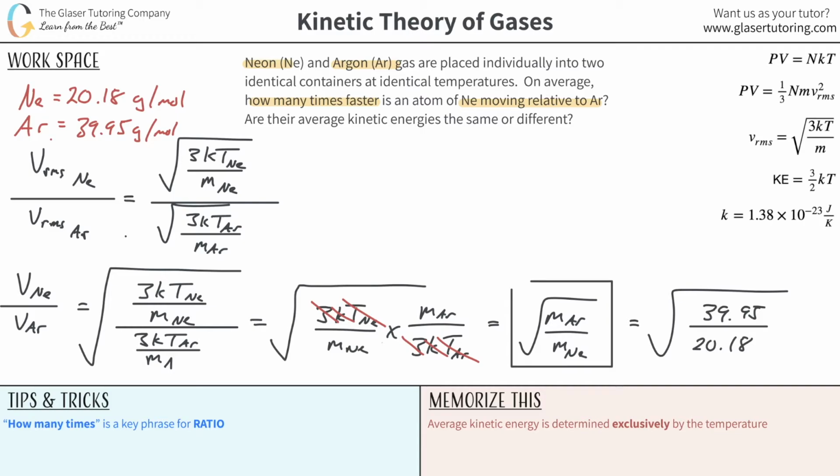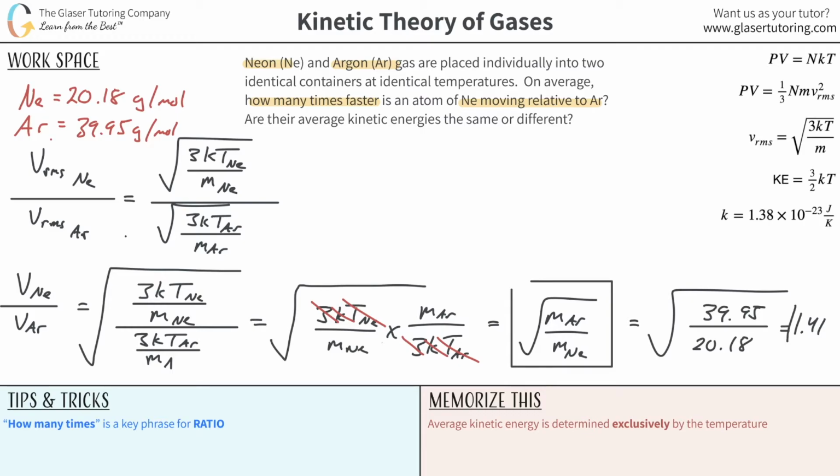The units would have all canceled. Now I'm going to plug this into the calculator: square root of 39.95 divided by 20.18. Taking the square root of that, we get about 1.407, or 1.41. So this is going to be equal to about 1.41.